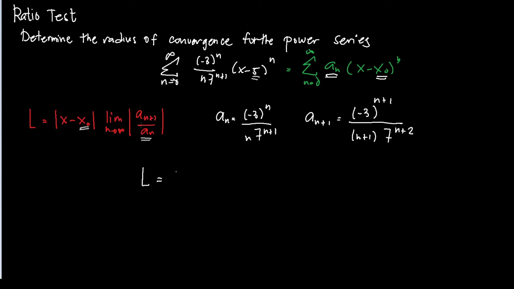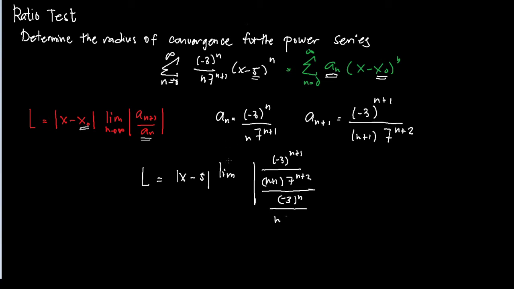That gives us L is equal to x minus 5 multiplied by the limit of a sub n plus 1, which is negative 3 raised to n plus 1 all over n plus 1 times 7 raised to n plus 2, all over negative 3 raised to n all over n times 7 raised to n plus 1. And that's the absolute value. Now the limit is as n approaches infinity.